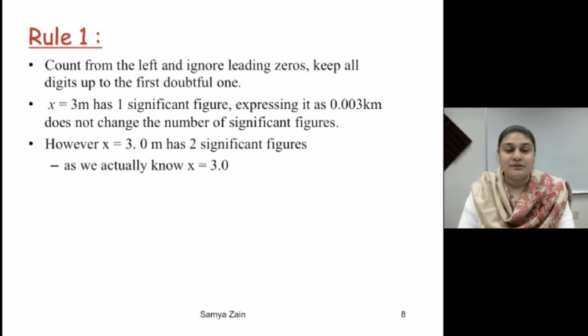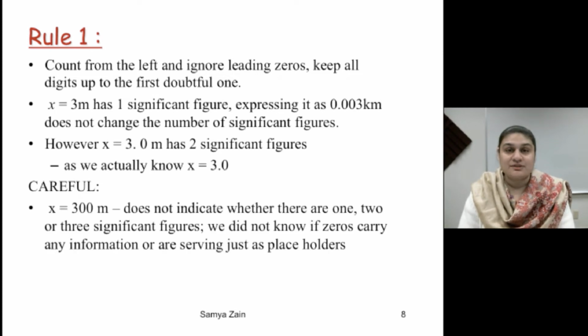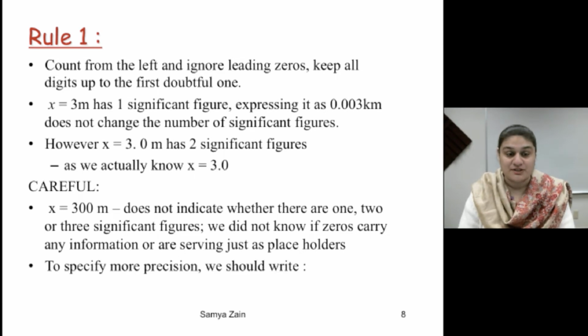However, x equals 3.0 has two significant figures, as we actually may know the value of x equals 3.0. Careful. x equals 300 meters does not indicate whether there are 1, 2, or 3 significant figures, as we don't know if the zeros carry any information or are just serving as placeholders. So please be careful when you are solving for this.